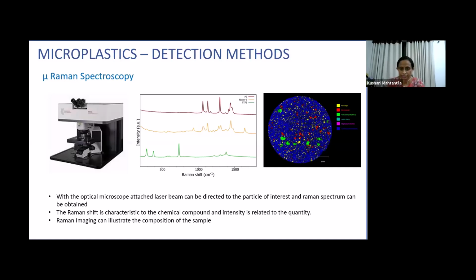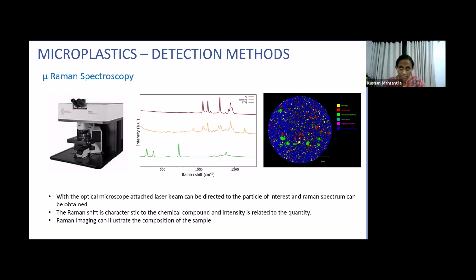The Raman shift is that when we give light energy to the particles, the outer shell electrons are excited, and once they return to the ground state, the excited particles come down.